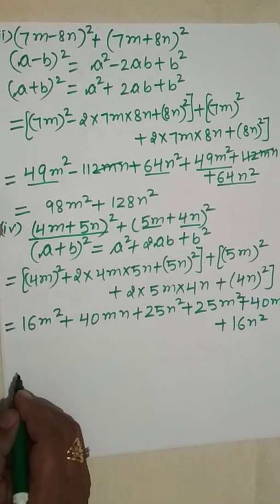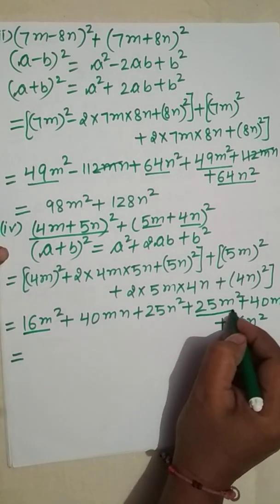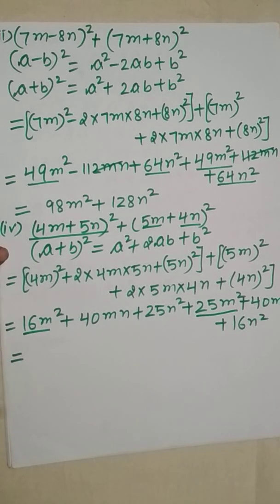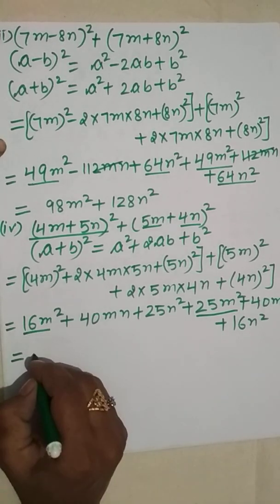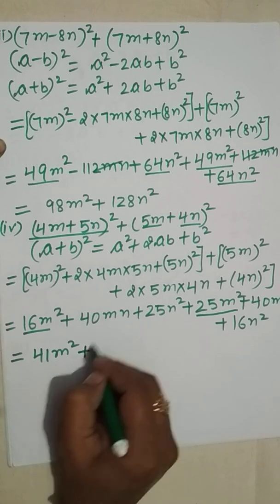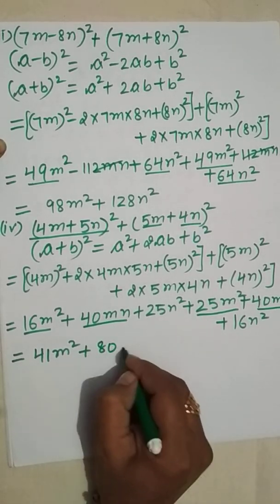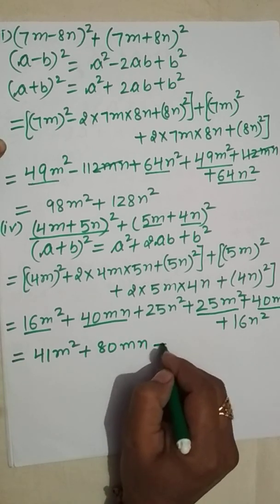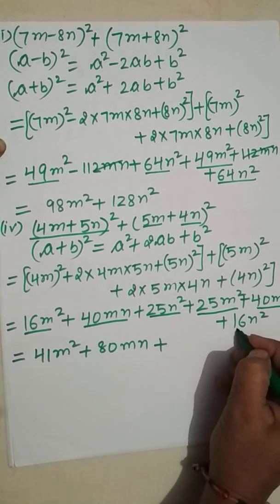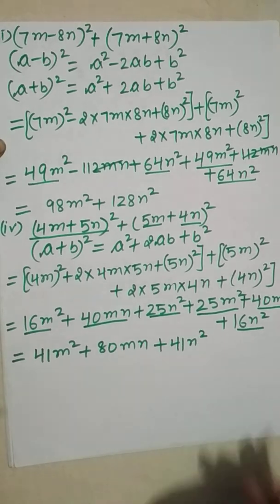Now arrange the like terms. 16m² plus 25m² is 41m². 40mn plus 40mn is 80mn. 25n² plus 16n² is 41n². So 41m² + 80mn + 41n² is the required answer.